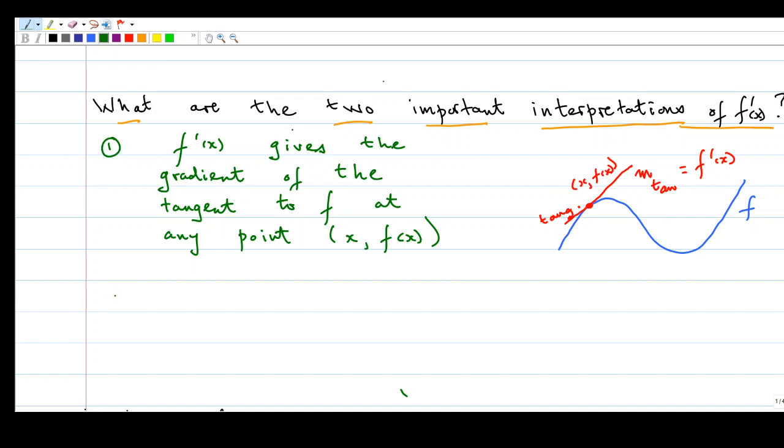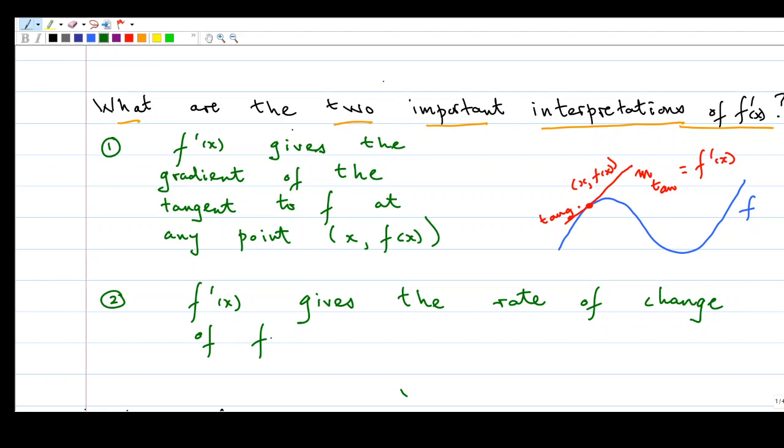The second interpretation, f prime of x gives the rate of change of f at x.